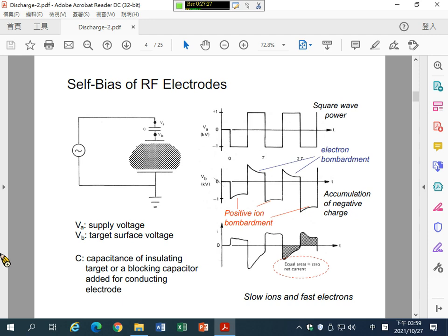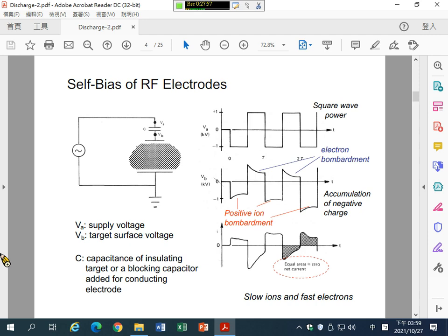Their relative potential will change with time. So half cycle, the upper electrode behaves like a cathode, and another half cycle becomes anode. Cathode, anode. So on average, both electrodes will behave the same, even though one is RF hot and the other one is RF ground, if there is no capacitive component.